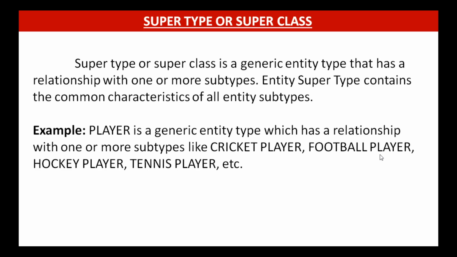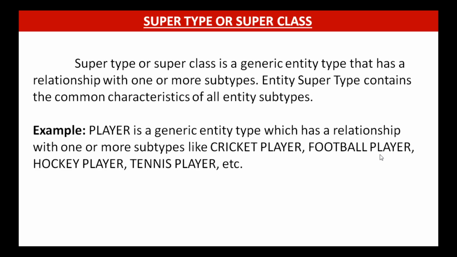The entity supertype always relates with one or more subtypes, which means those subtypes are derived only from the supertype entity. This supertype entity contains the common characteristics of all entity subtypes.